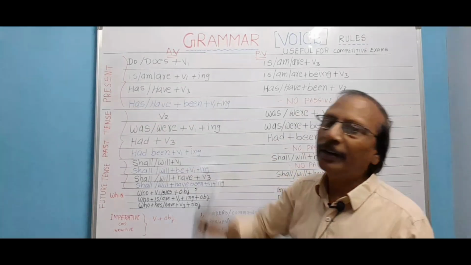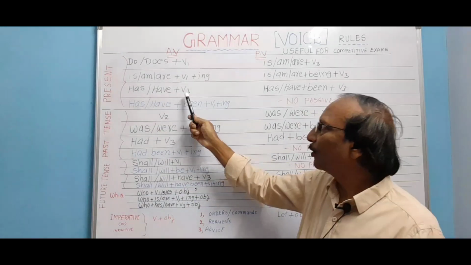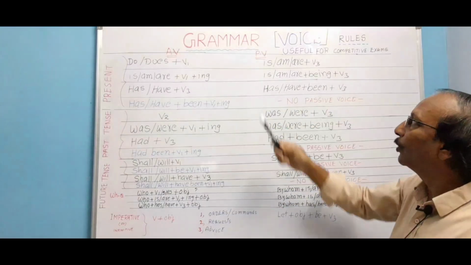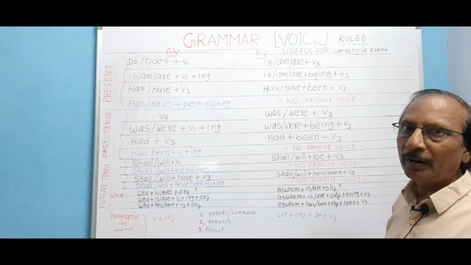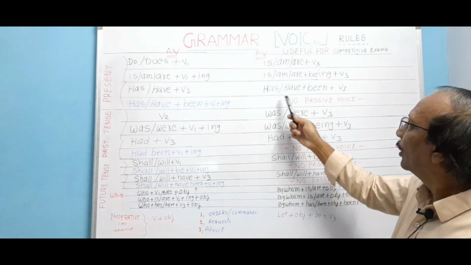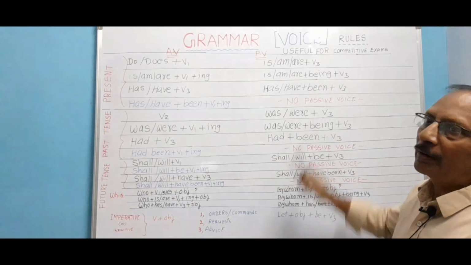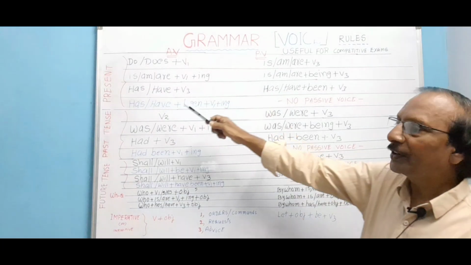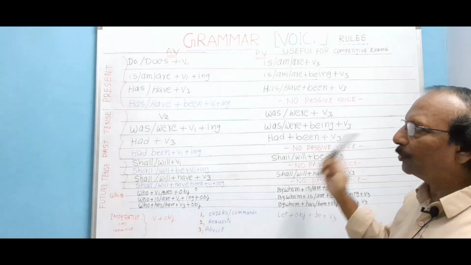She has written letters. She has written, V3, letters. Letters is plural, so letters have. We won't write has here. According to the object, we have to write letters have been, been plus V3, been written. Letters have been written by her. If it is he, him; if it is she, her; if it is we, us. It will be changed like that.